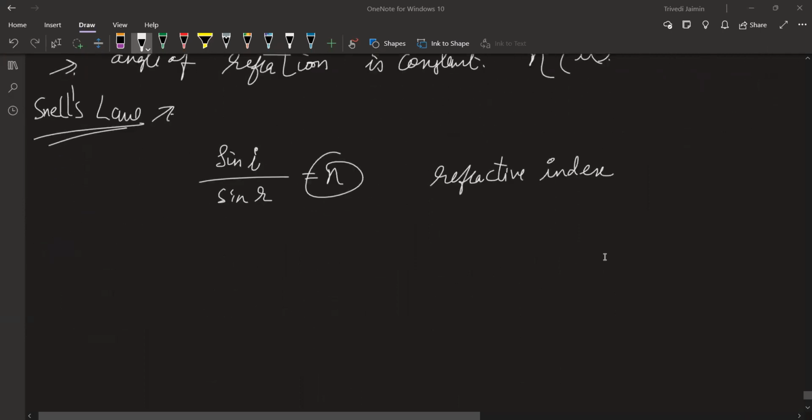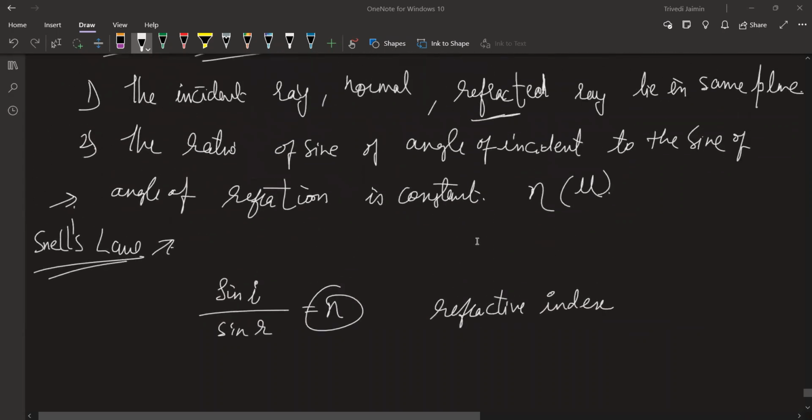Okay. So we should know the refractive index, because our whole chapter is based on refractive index and its formula. Sir, Snell's law and the second law are the same? Yeah, that is the same. It was actually a mathematician who gave this formula.